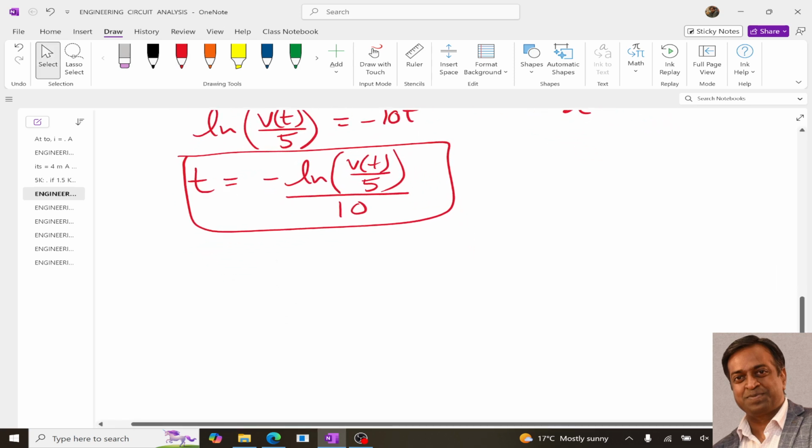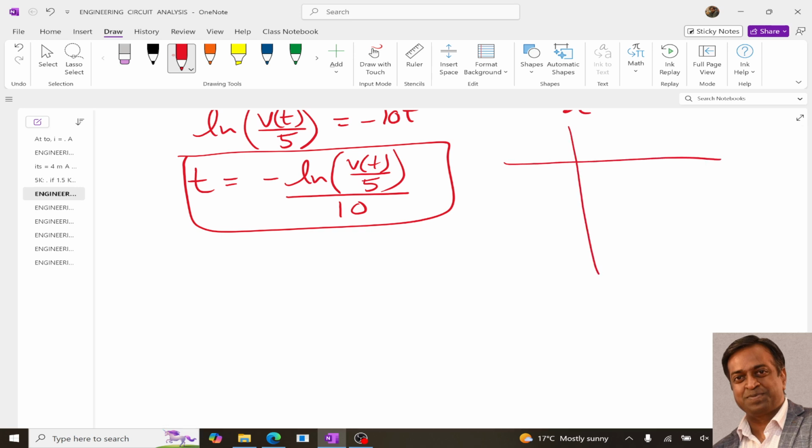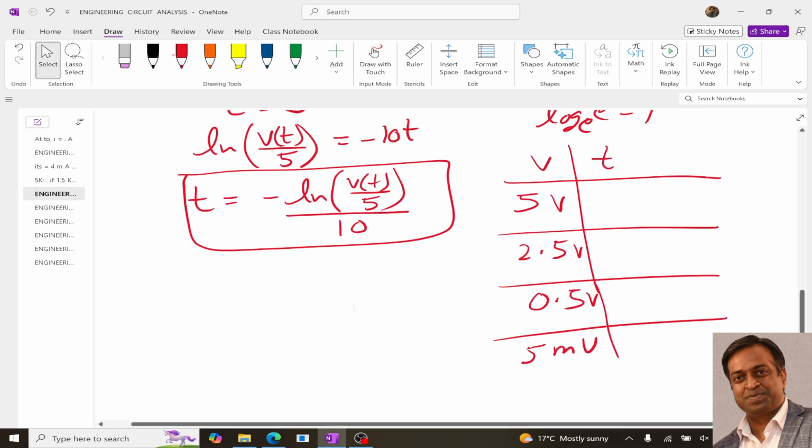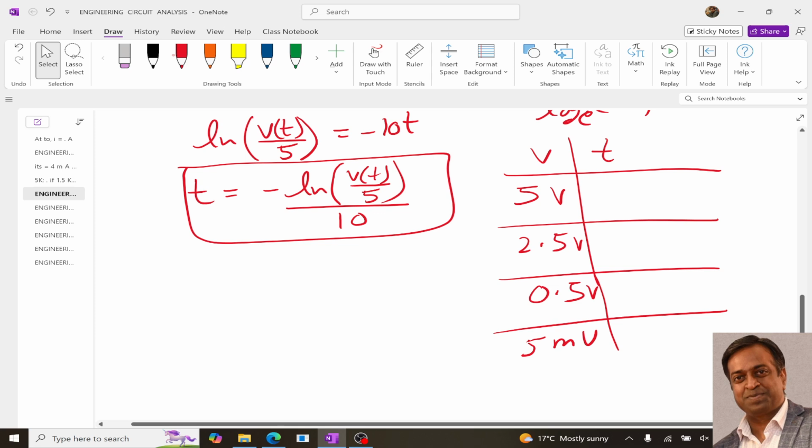Now if I make a table, v is given as 5 volt, 2.5 volt, 0.5 volt and 5 millivolt, and we need to determine t for each.